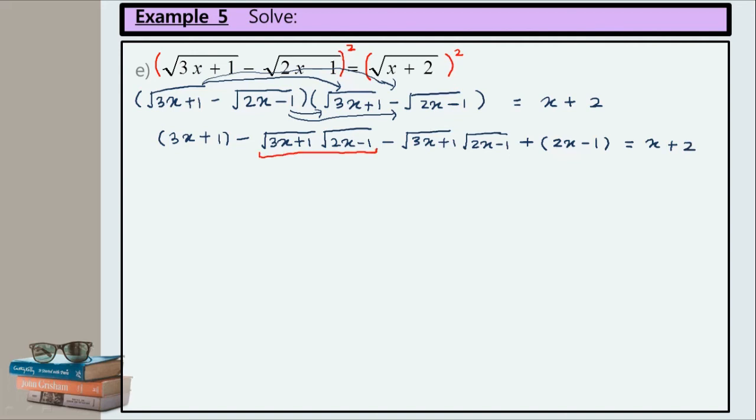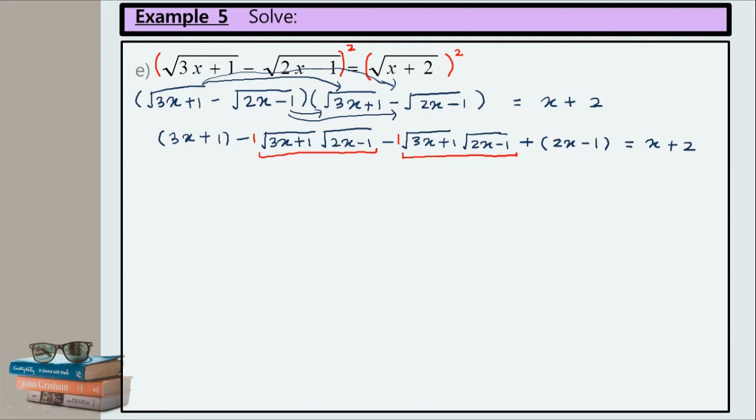This part and this part actually it is the same. Jadi kita boleh anggap depan ni ada 1, dekat sini pun ada 1, jadi kita boleh gabung. Okay, next kita kumpulkan yang mana ada √ dekat sebelah kiri, yang mana tak ada √ dekat sebelah kanan.